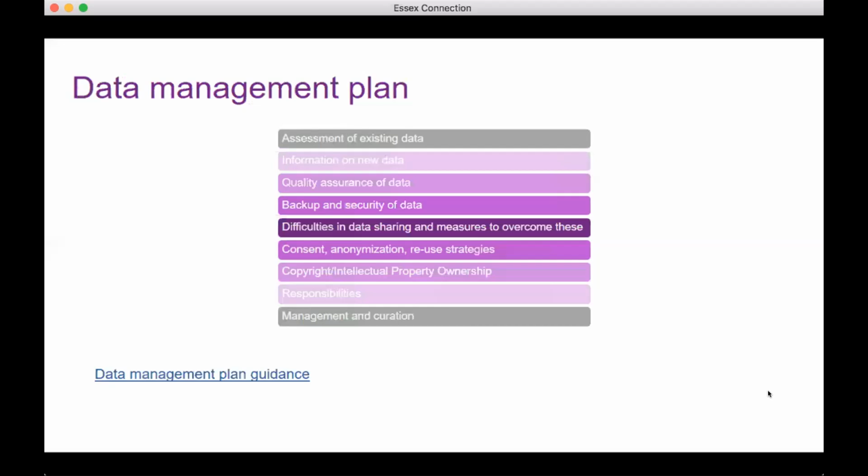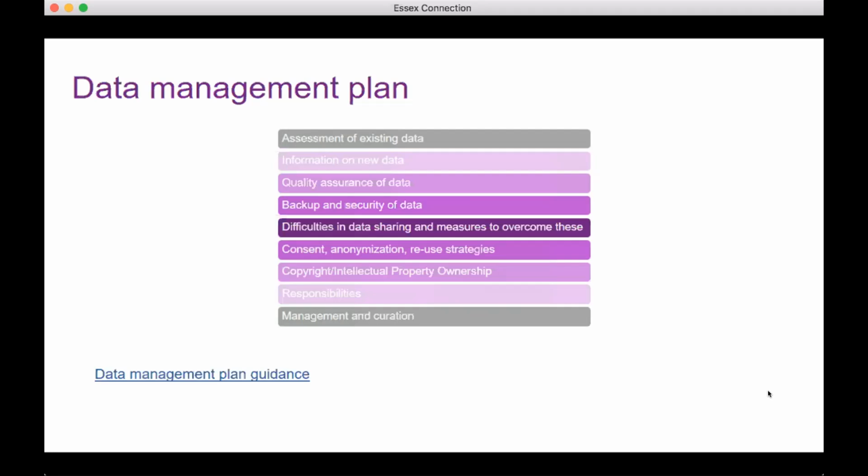Okay, so next I wanted to have a look at the different sections of a data management plan that this should ideally touch upon. These include an assessment of any relevant existing data that might be of use, so that collection of new data might not be necessary or can perhaps be restricted, or establishing that there is no similar data available, which means we have to collect new data to base our findings on.